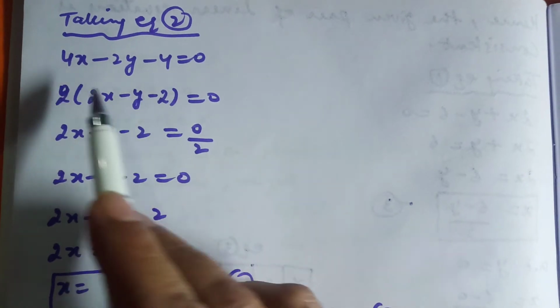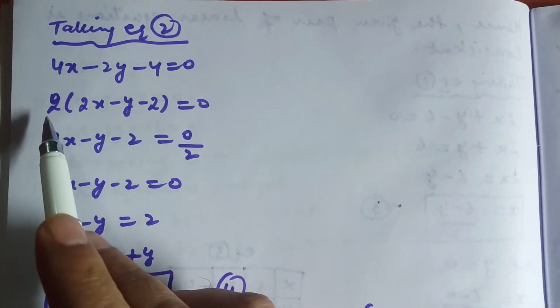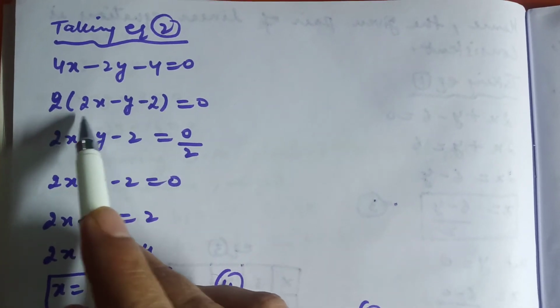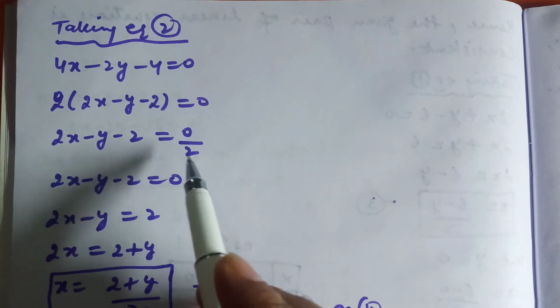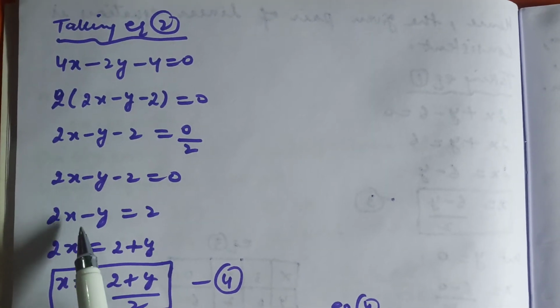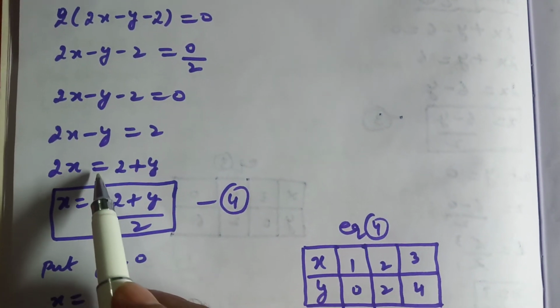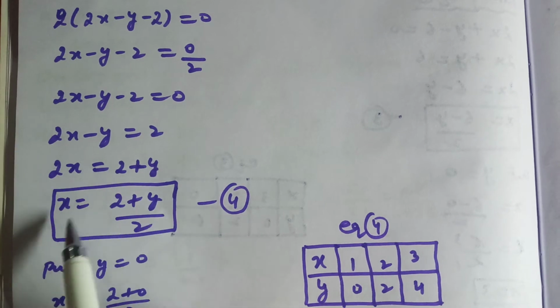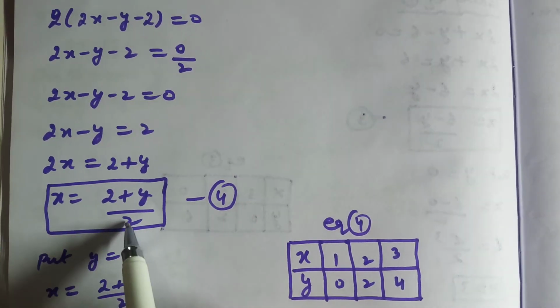Taking equation second, 4x minus 2y minus 4 equal to 0, common to both, 2x minus y minus 2 equal to 0 upon 2, 2x minus y minus 2 equal to 0, 2x minus y equal to 2, 2x equal to 2 plus y and x equal to 2 plus y upon 2.